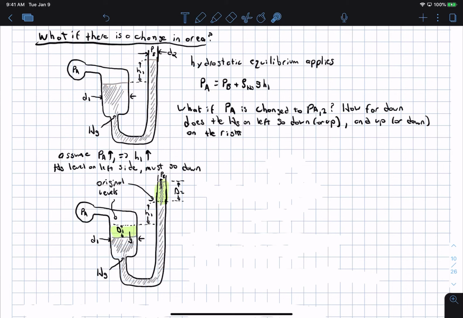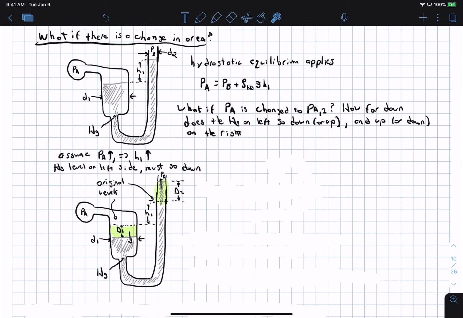Well, I know that the mercury interface here is going to be displaced downwards by some distance delta 1. And on the other side, the mercury that's being displaced down here has to go somewhere, and it's going to be pushed into the tube on the right, and it's going to cause the mercury interface over here to go up by some distance delta 2.